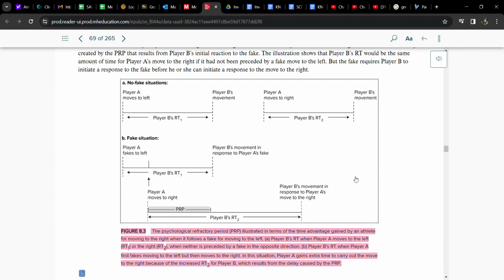So it's not always the most clear thing in the world, but it helps you understand that your brain requires time to process these different actions and skills, especially when you're trying to react to something else happening around you.